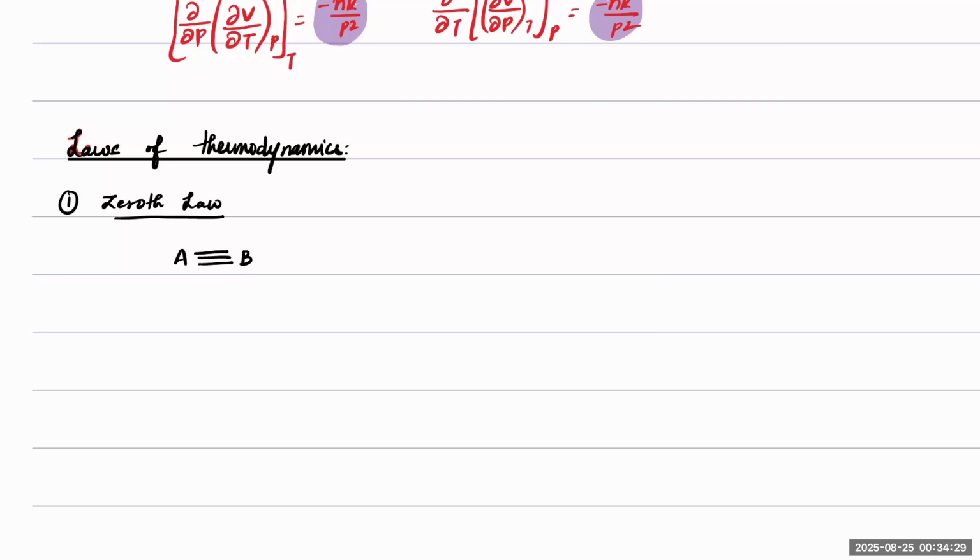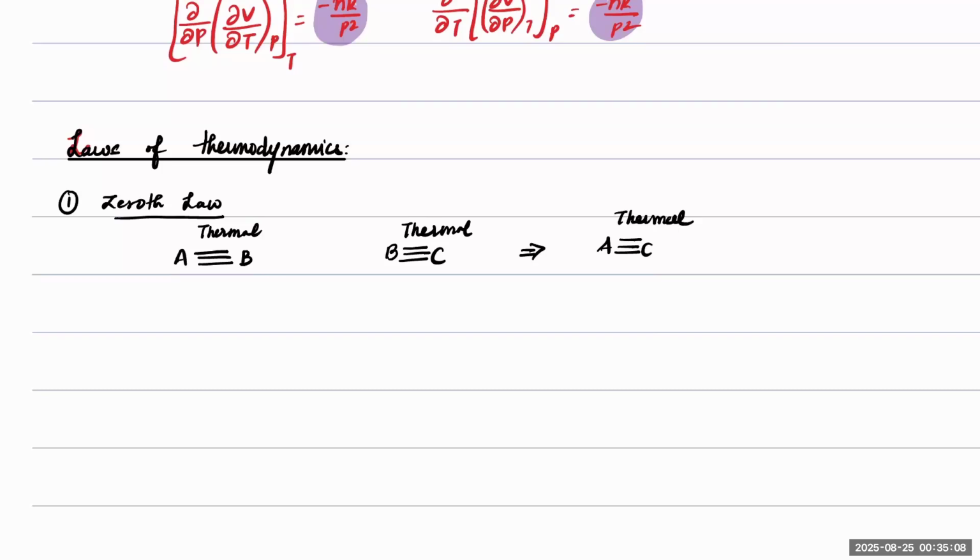Let's say A is system, B is surrounding, or A and B both are systems connected to each other. If they are in thermal equilibrium, and then there are two systems B and C that are also in thermal equilibrium, clear? So A is in thermal equilibrium with B, and B is in thermal equilibrium with C. Then it implies that A and C have to be in thermal equilibrium.